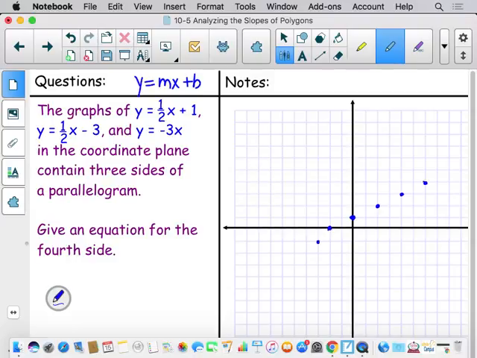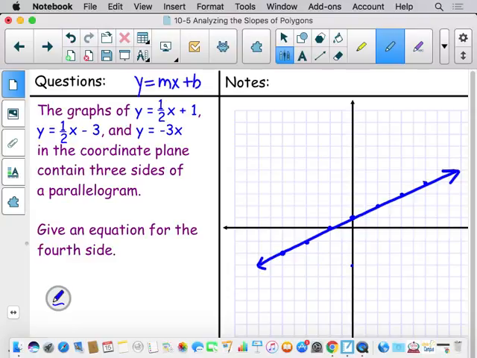I can reverse it and draw my line. Like that.